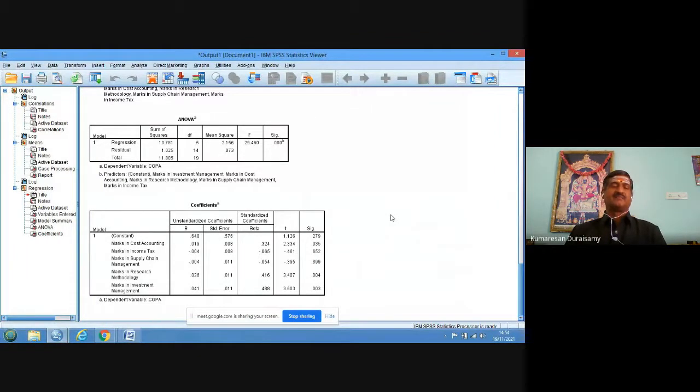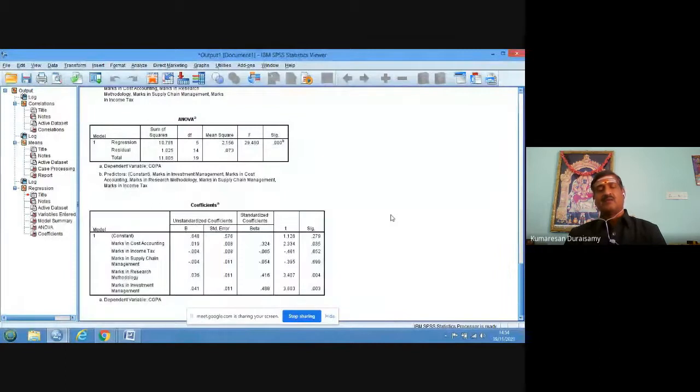Look at this. Model 1, constant. Then marks are given. These are the independent variables. Then on the right hand side, look at the unstandardized coefficients and standardized coefficients. Then the computed value of t is given, then the p-value is also given.